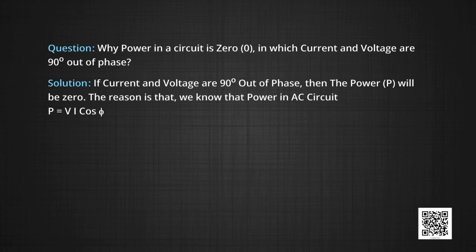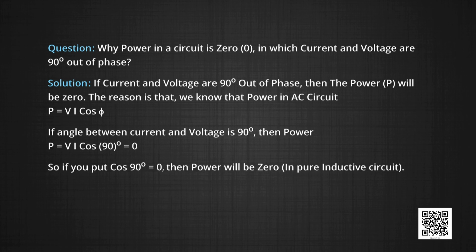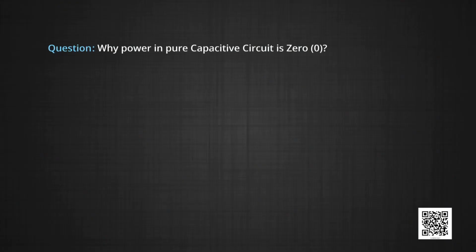The reason is that power in an AC circuit is equal to VI cos phi. If the angle between current and voltage is 90 degrees, then power is equal to VI cos 90, cos 90 is 0, so the power will be 0 in the case of a pure inductive circuit. One more question for you: why is power 0 in the case of a pure capacitive circuit?